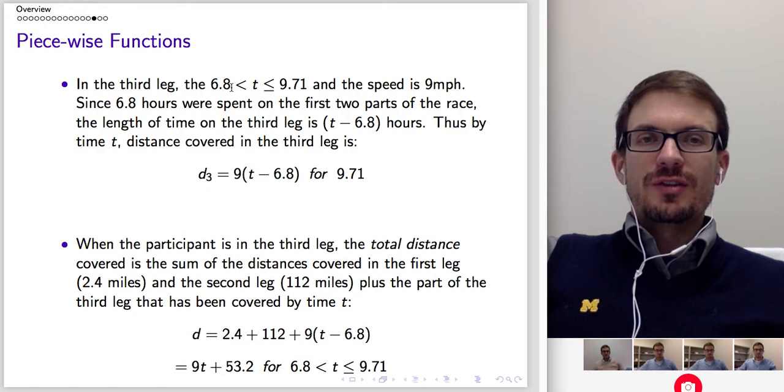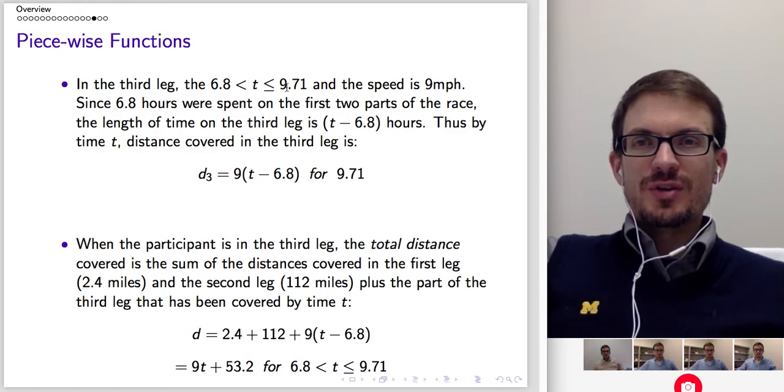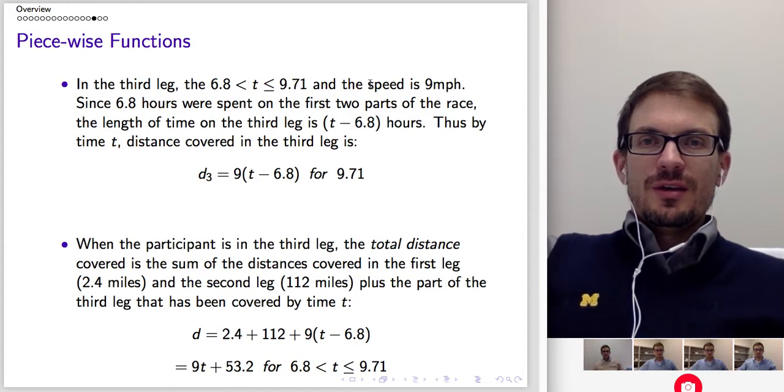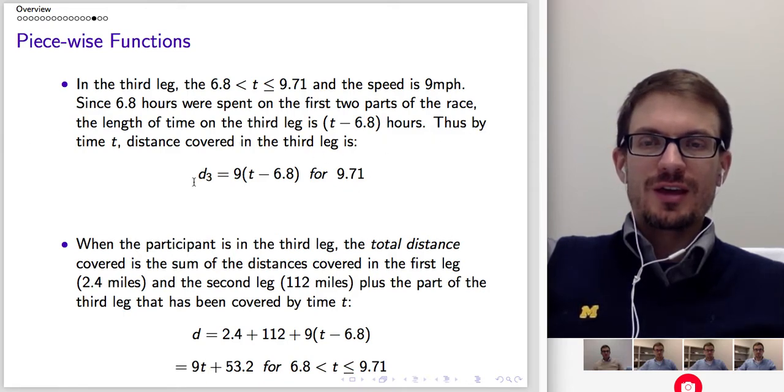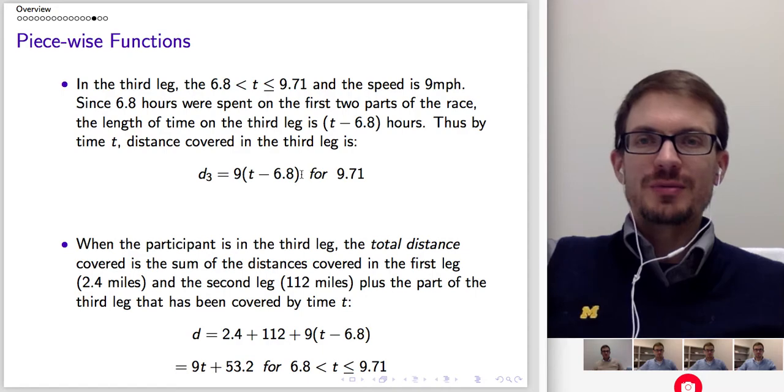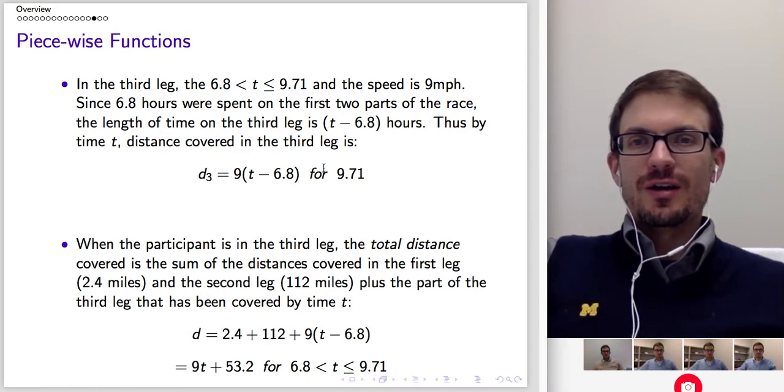In the third leg, this is between 6.8 hours and 9.71 hours, which is the final clock time. The speed is 9 miles per hour. Since 6.8 hours were spent in the first two parts of the race, the length of time on the third leg is t minus 6.8 hours. Thus, by time t, the distance covered on the third leg is 9 times t minus 6.8.